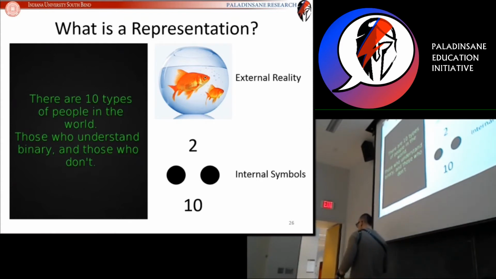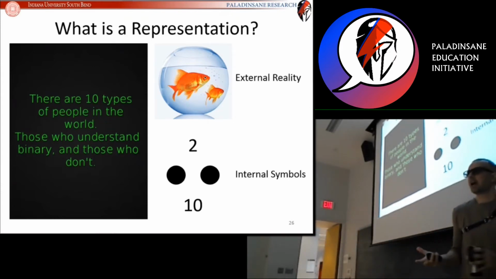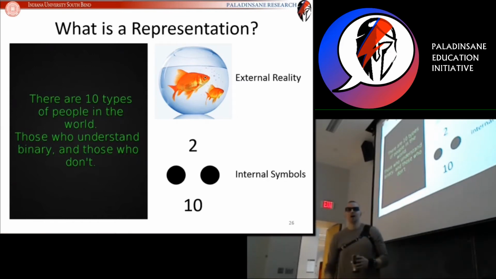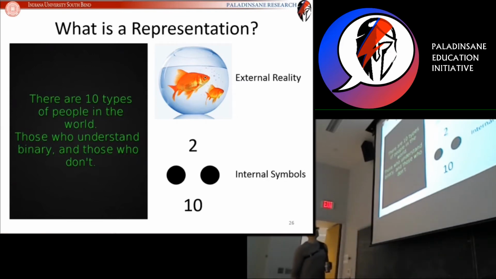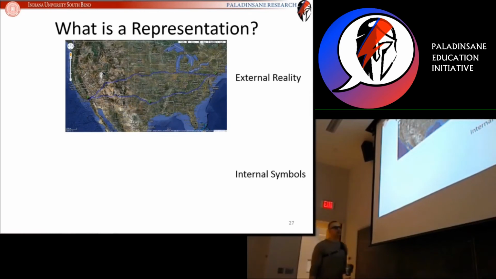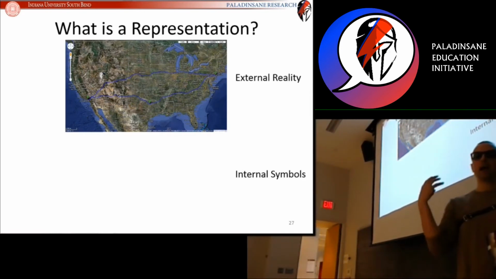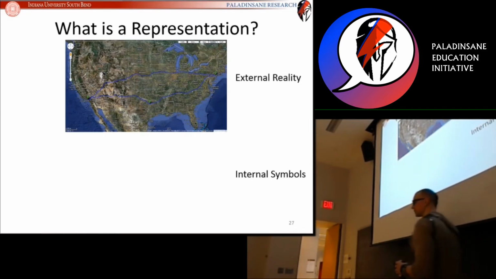At first glance, it might be a little difficult to understand just how challenging this can be. There was a massive debate, and it's still going on, in terms of how your mind actually represents things.